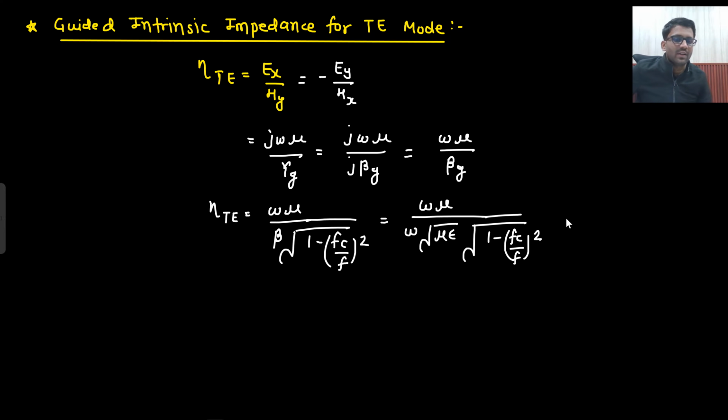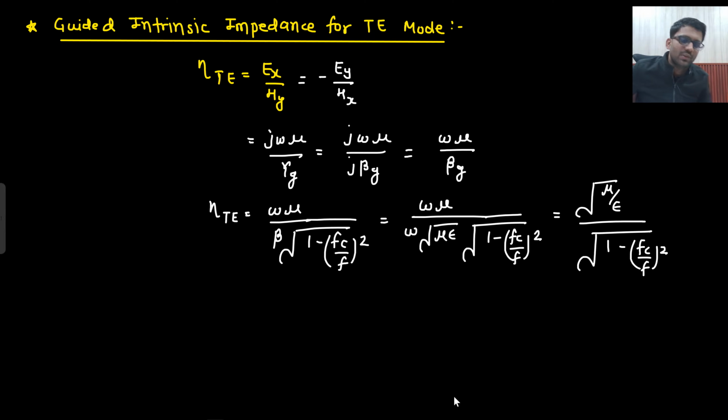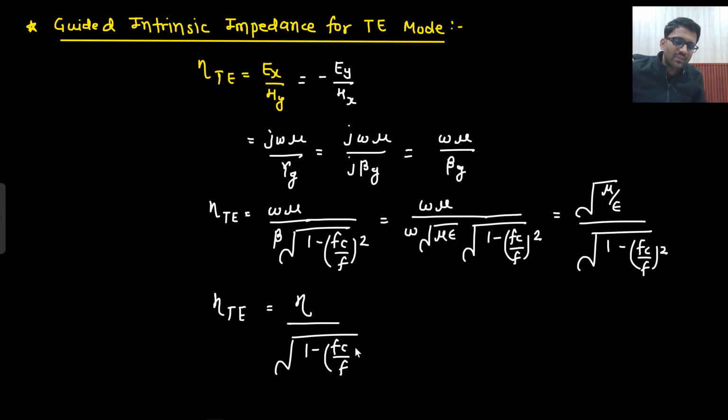Then omega gets cancelled. What you are left with? Under root mu by epsilon upon under root 1 minus fc by f whole square. So neta TE is coming out to be neta upon under root 1 minus fc by f whole square.